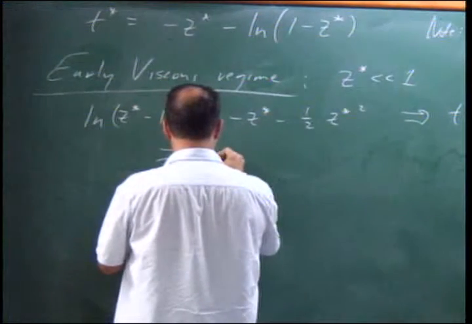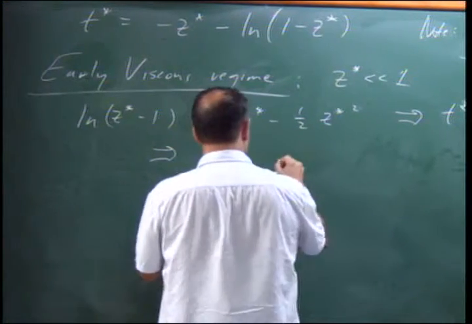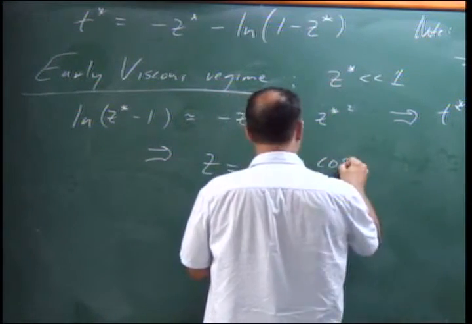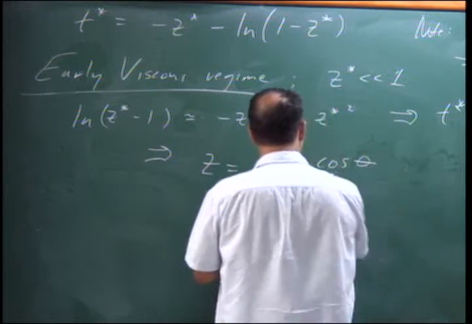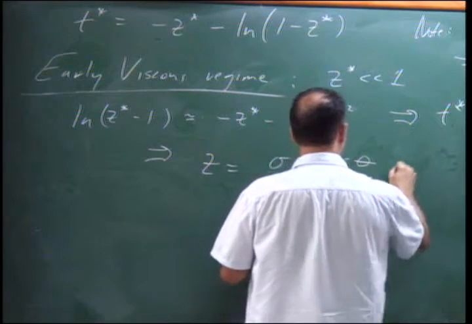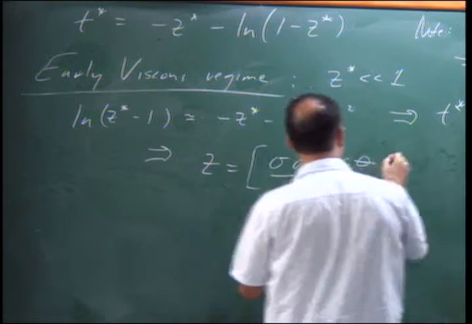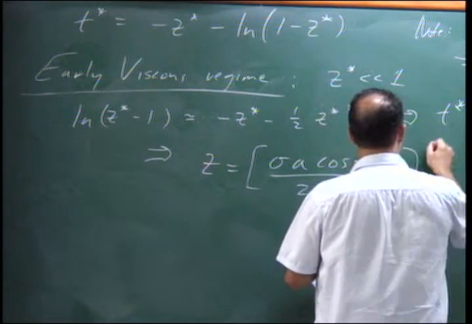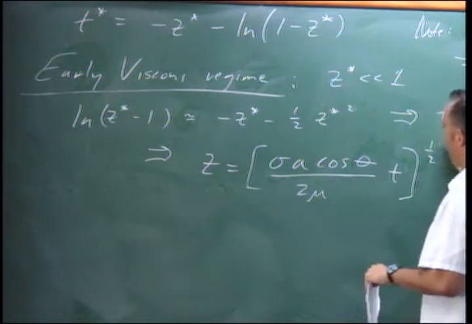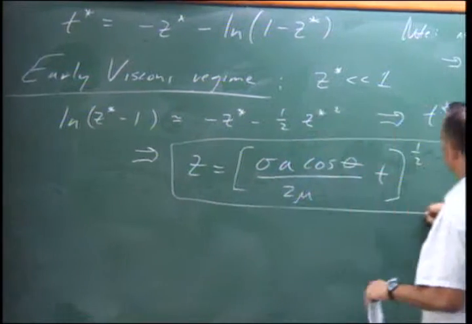And if we redimensionalize, we get the following. Z equals sigma A cos theta over 2 mu t, all to the 1/2.